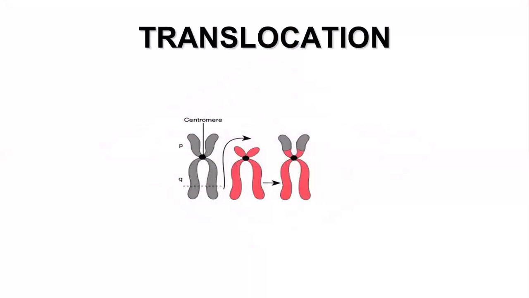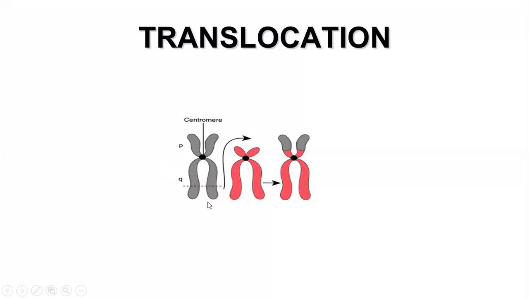Here you can see two non-homologous chromosomes. One is gray and the other is pink. You have two sets. You will have two gray and two pink. You will have a pair of gray and a pair of pink.